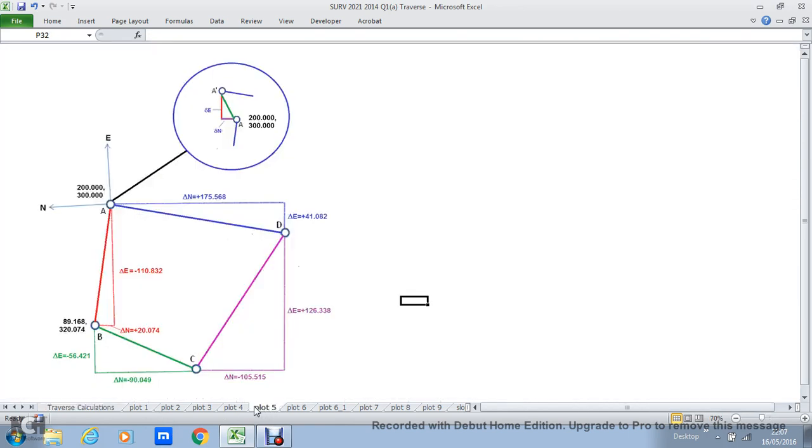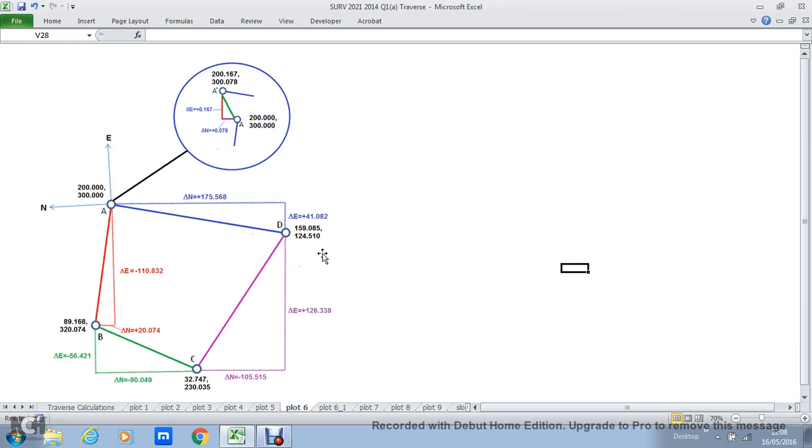And if I come back to the plot, you can see here that you get the discrepancy back here. So you started at 200.00, but you've ended up at 200.167. So you're 167 millimeters out, too far up basically, and you're 78 millimeters too far in that direction.